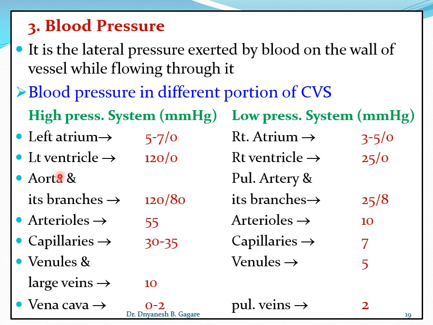In the left ventricle, the maximum pressure in systole is 120, and during diastole it decreases to 0.